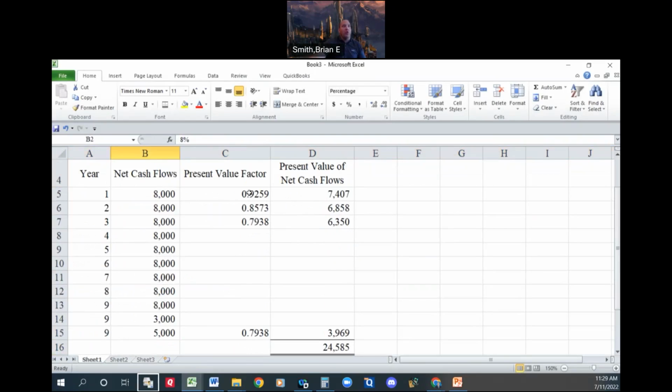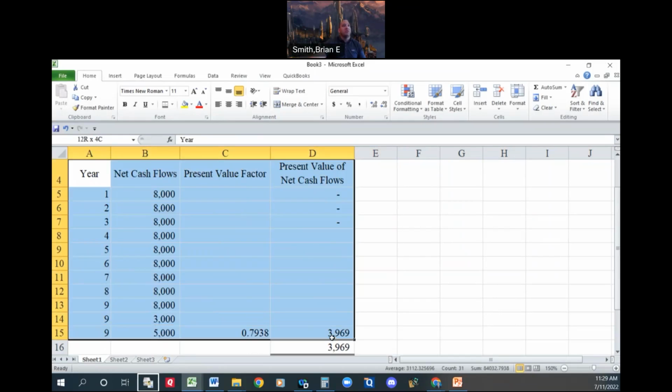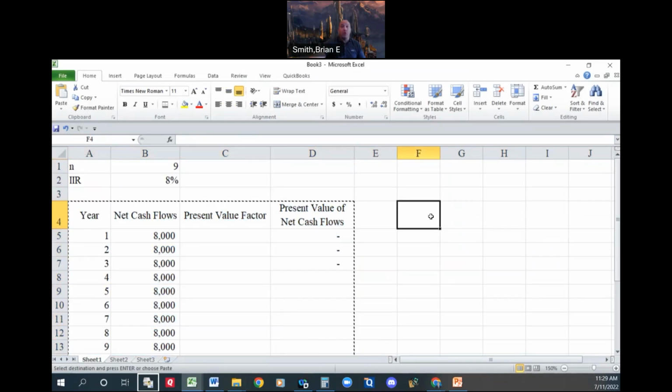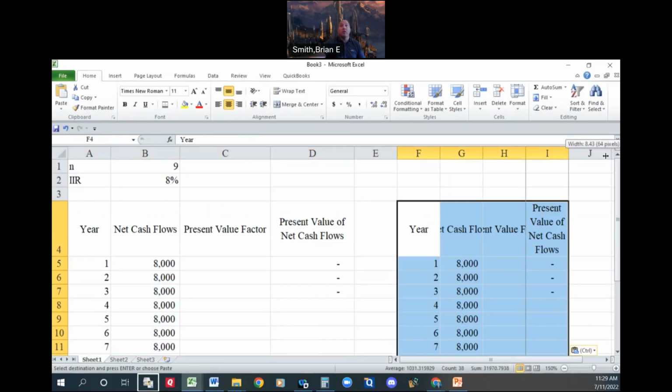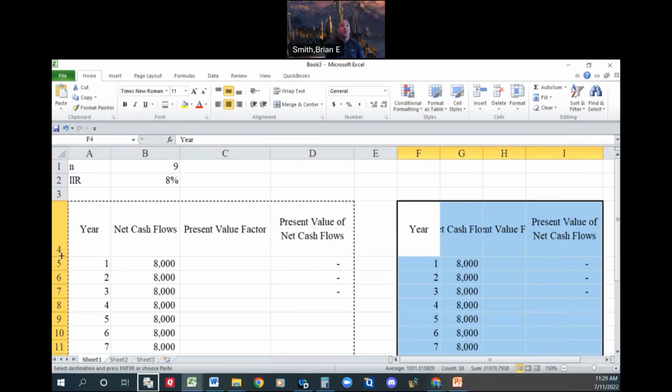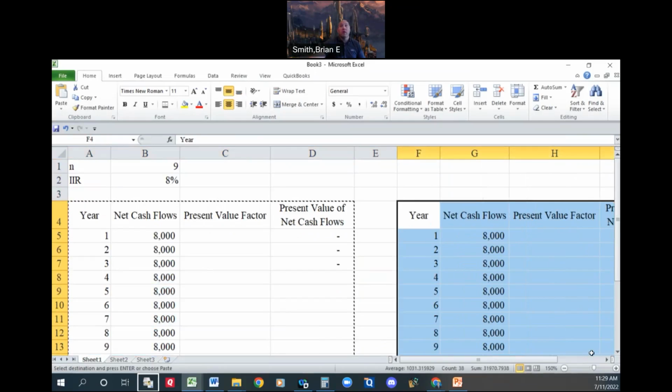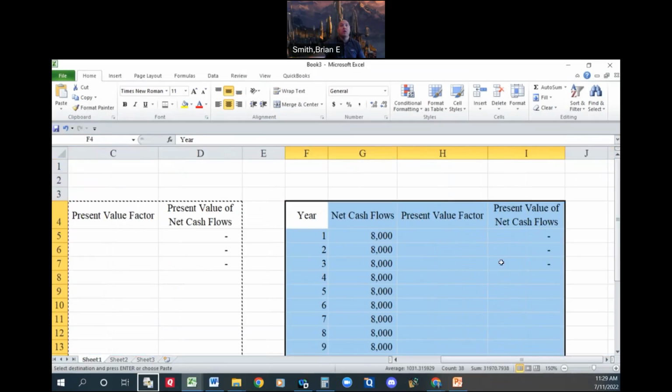What you can do, instead of calculating every single one of these, is set this up much the same way. Just put it over here. Make it look pretty. All right.